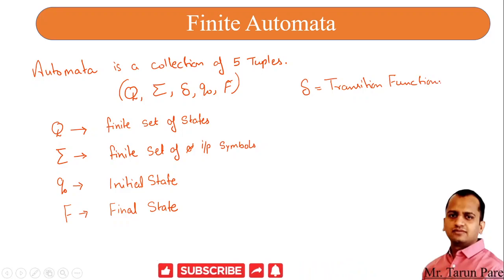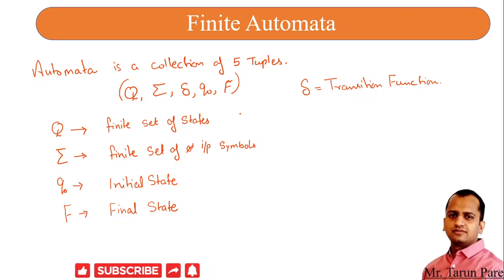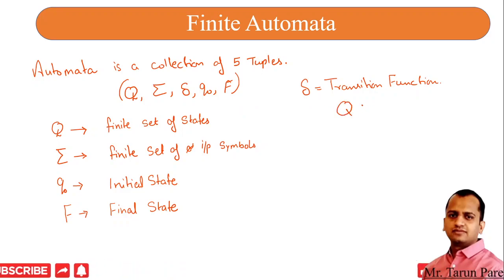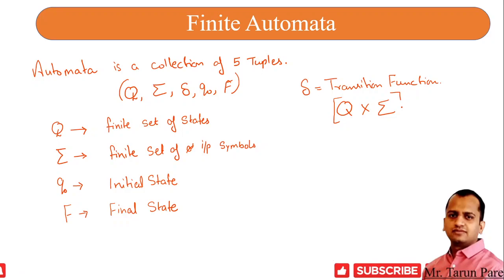Okay, so what does this transition function do? This transition function performs the operation or transitions between the two things. What are they? They are Q cross sigma. Okay, between these two, the transitions are performed.